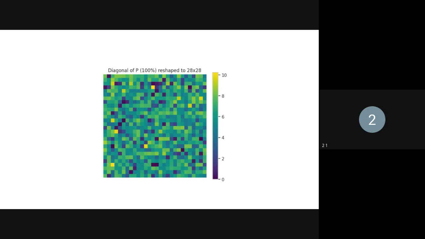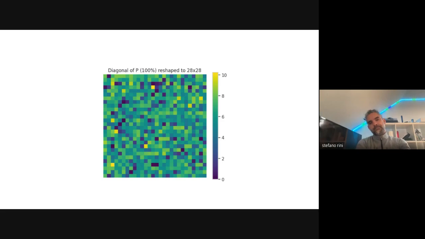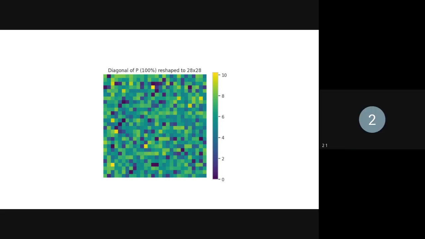But this visualization is only partial because the fourth dimension is encoded by the entire matrix P, not only its diagonal. I see. And I think that's all.